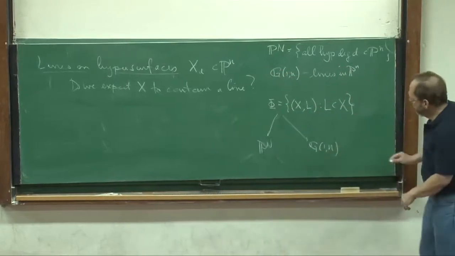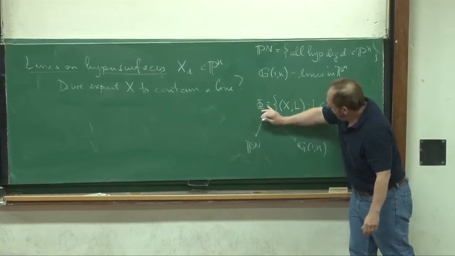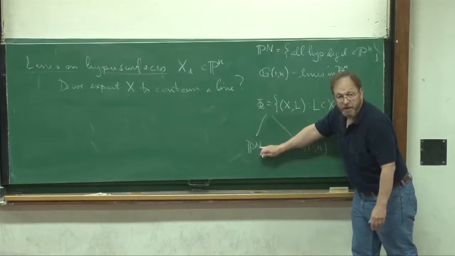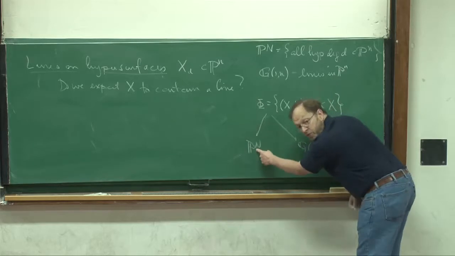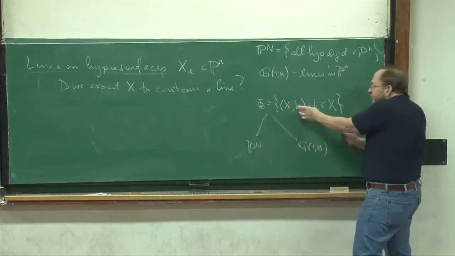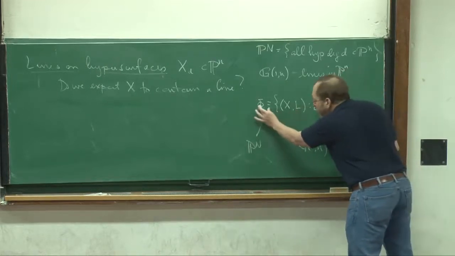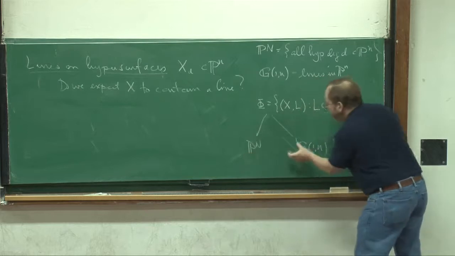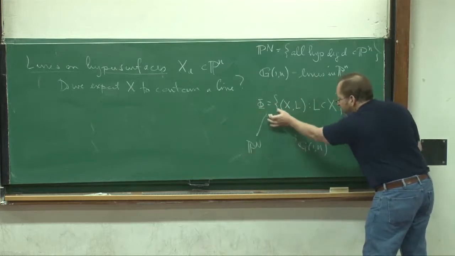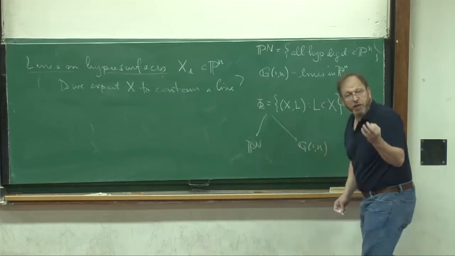We're asking about, in some sense, the fibers of Phi over P^N. For every point corresponding to a hypersurface X, the fiber of this incidence correspondence is, by definition, just the set of lines lying on that hypersurface. So we want to know about the map from Phi to P^N, but we have another way to approach Phi, which is via the map to the Grassmannian. And that's particularly well behaved.